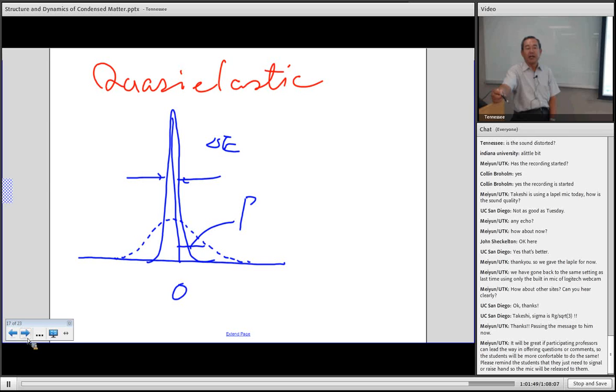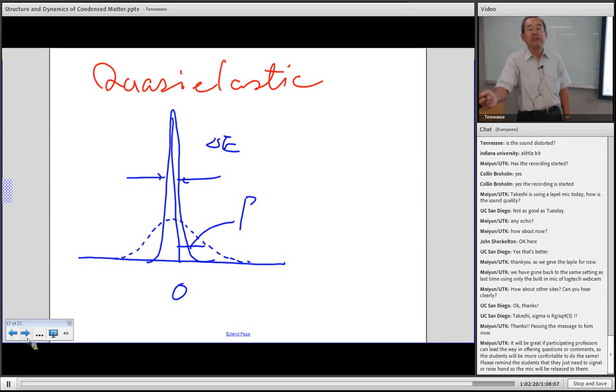So that time scale is already not far away from the time scale of nuclear magnetic resonance, NMR. NMR is used in studying complex structure, complex dynamics of complex systems. But neutron is now accessing the time scale which traditionally has been studied by NMR.